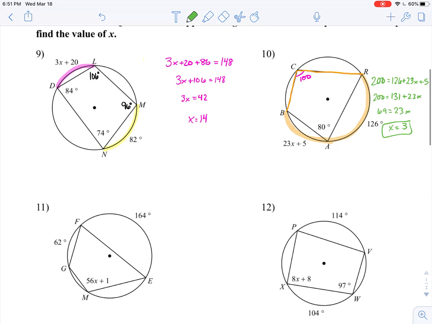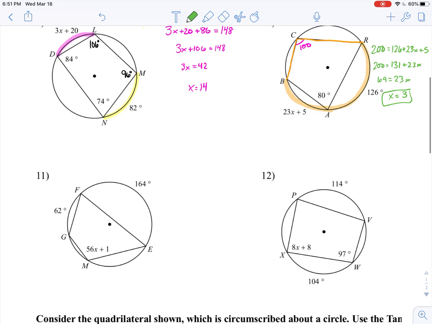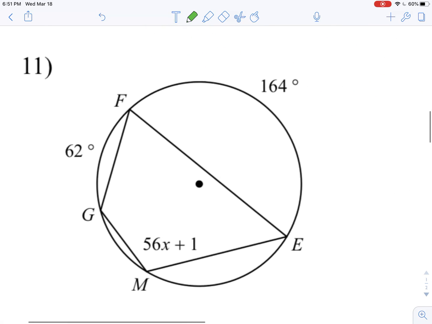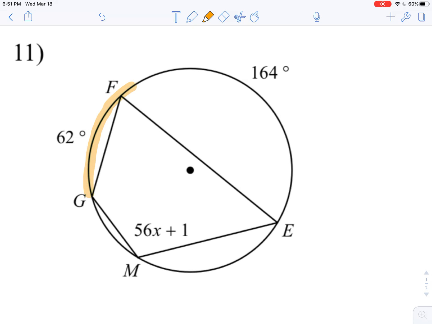And that's really the only way we could have done that one. You know, 11's pretty interesting. Let's try 11. So again, pause your video here, rewind if you need to, and start with what you're given.